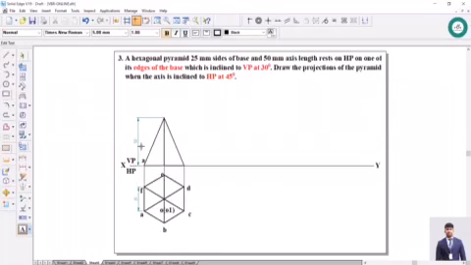So this is A dash of F dash, and this is B dash of E dash, and this is C dash of D dash.